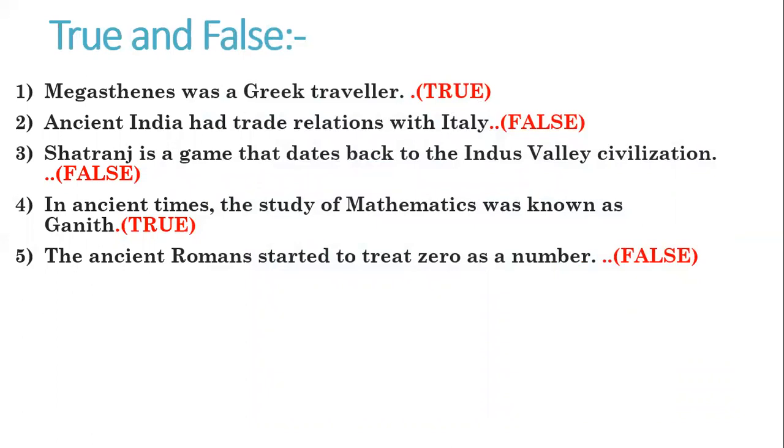Shatranj is a game that dates back to the Indus Valley civilization. The answer is false. In ancient times, the study of mathematics was known as Ganit. We've just learned that. The answer is true. The ancient Romans started to treat zero as a number. The answer is false because that was started by Aryabhatta and we started treating this as a number first.